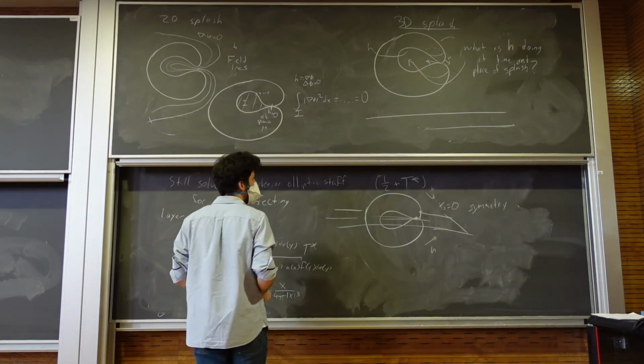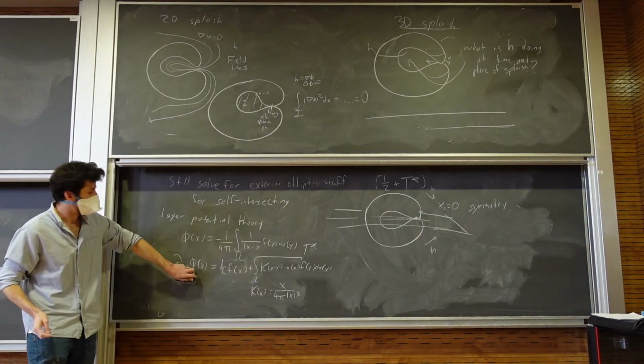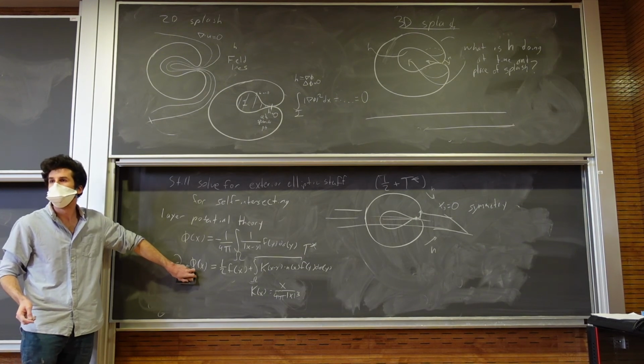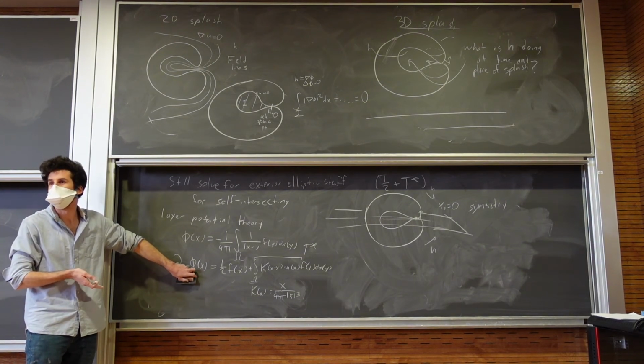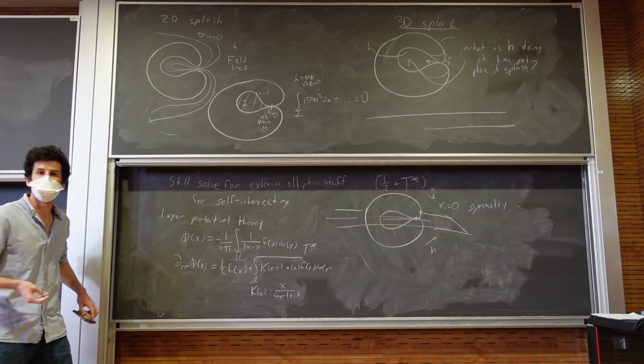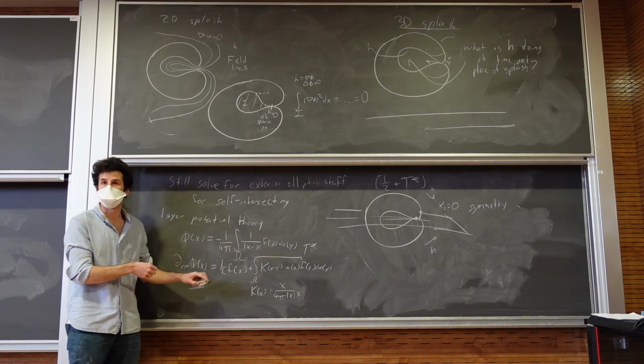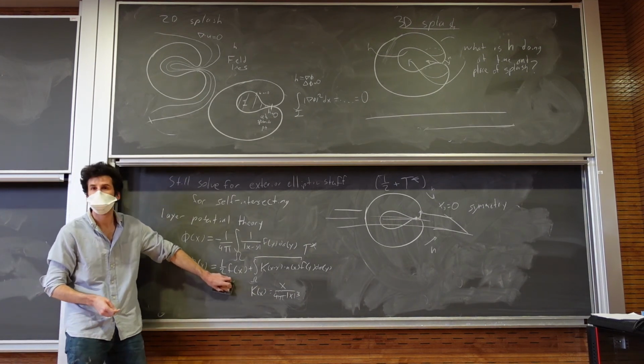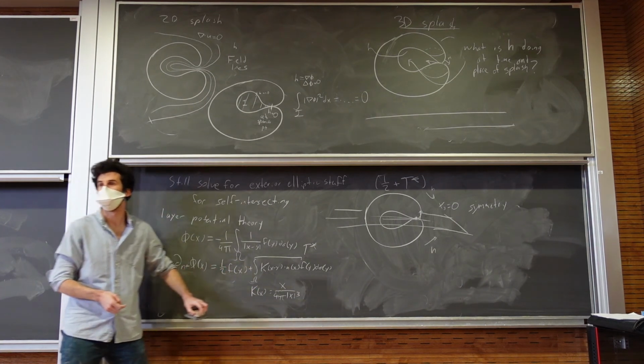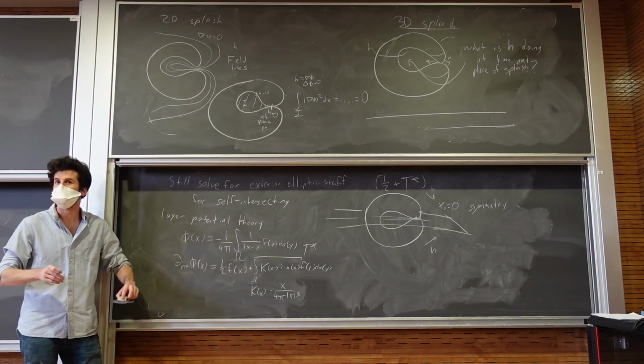Right? So that means that the left-hand side has to be 0. But we didn't even ask ourselves what f was, right? So somehow, for a non-self-intersecting surface, you would have 1/2 the identity plus a lower order operator. But that's not possible.